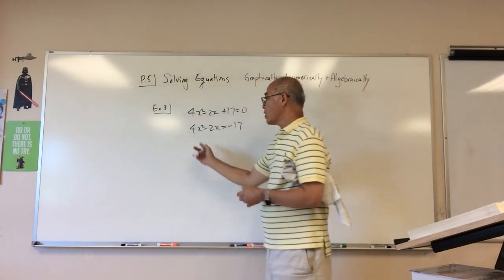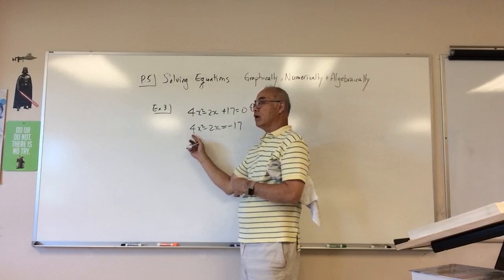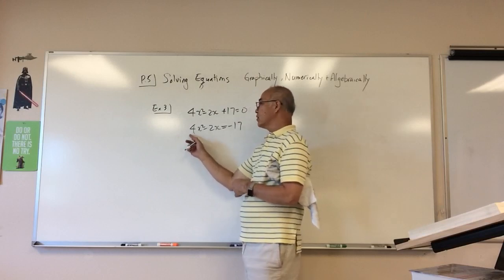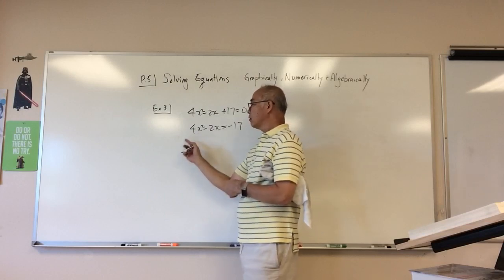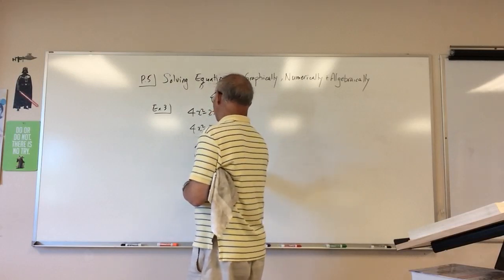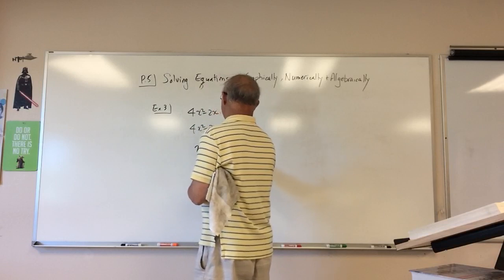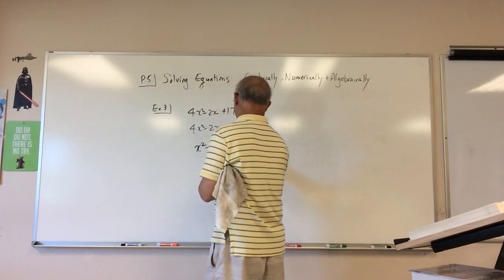The problem is we do not have an a is equal to 1 here, so let's go ahead and make this 1. In order to force this to 1, I'm going to divide everything by 4. X squared minus 1 half x is equal to negative 17 divided by 4.